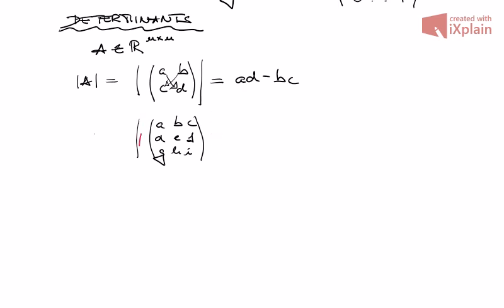At least that's something I learned in school: you virtually extend the matrix by repeating the columns, and then you can do the same thing by computing these products and adding them, and subtracting from that the products in the other direction. So maybe remember that for 3 by 3 matrices.